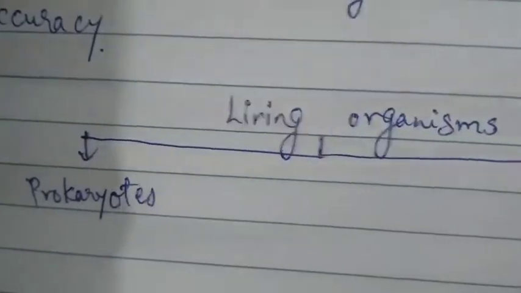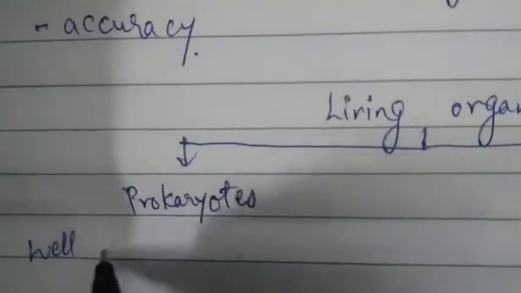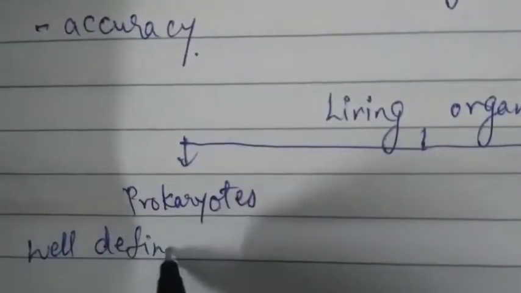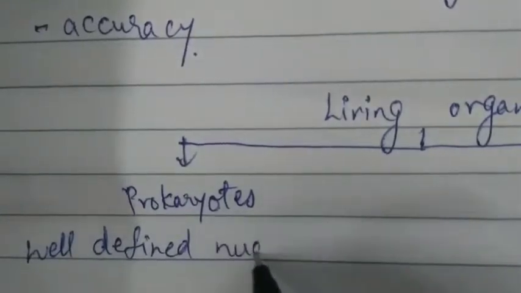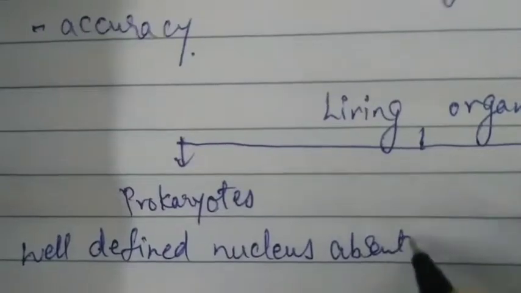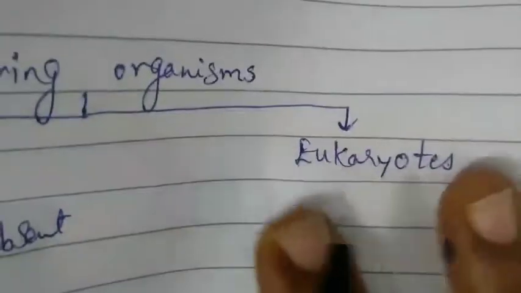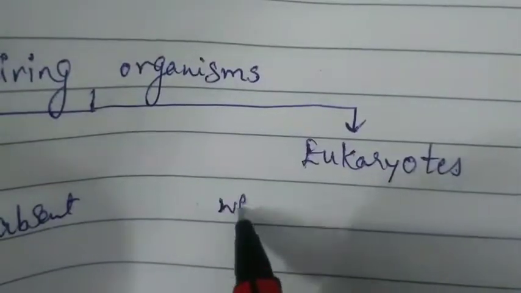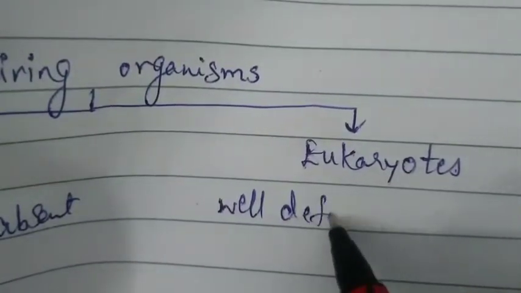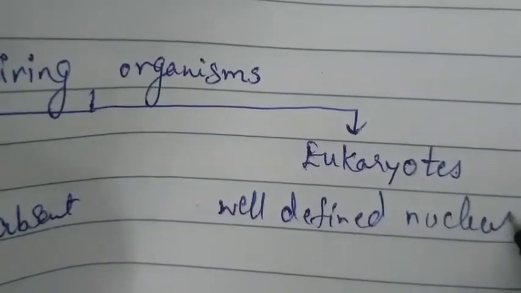Now, prokaryotes and eukaryotes are based on the nucleus. In prokaryotes, a well-defined nucleus is absent, and in eukaryotes, a well-defined nucleus is present.